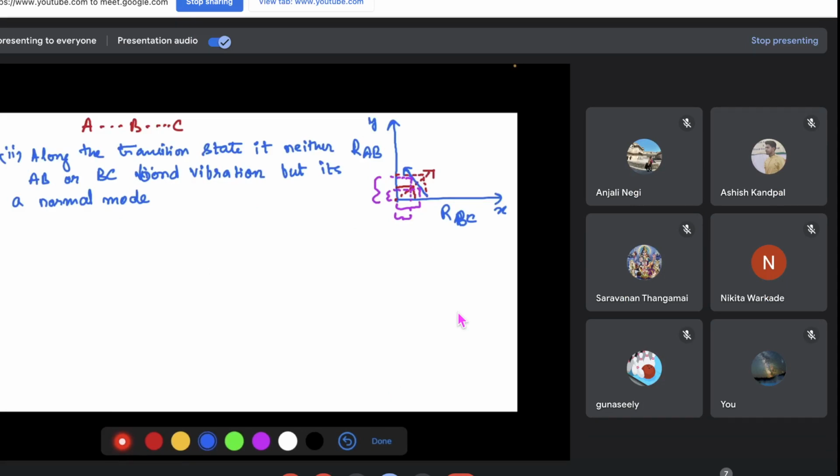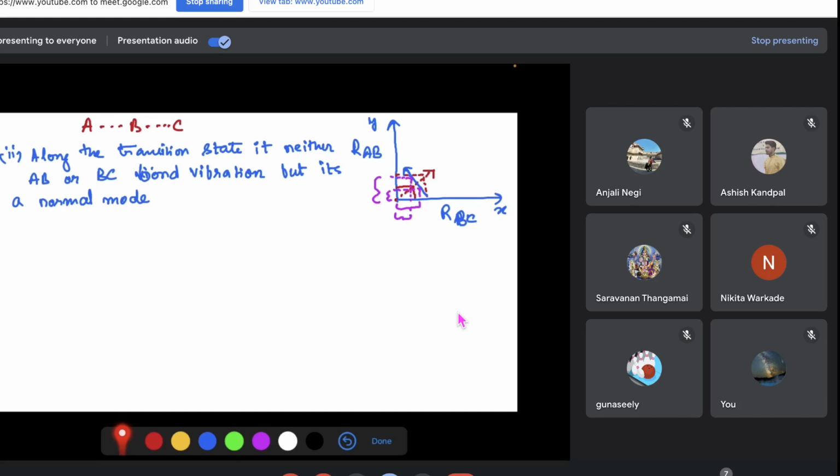So the second point is that along the transition state, it is neither the AB nor the BC bond vibration alone, but a vibration of both the bonds together, and that is what a normal mode is. It goes with the orthogonal direction, that is the symmetric and antisymmetric stretch.